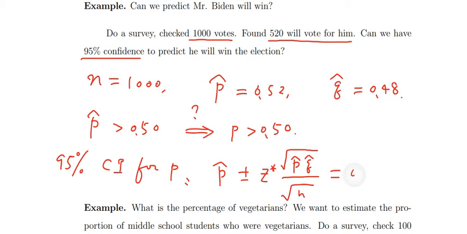So that's equal to 0.52 plus minus 1.96 times the square root of 0.52 times 0.48 over 1,000. Okay.